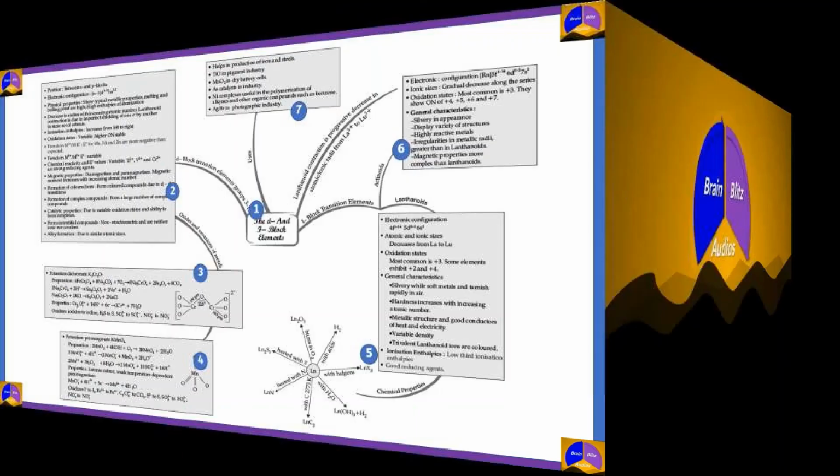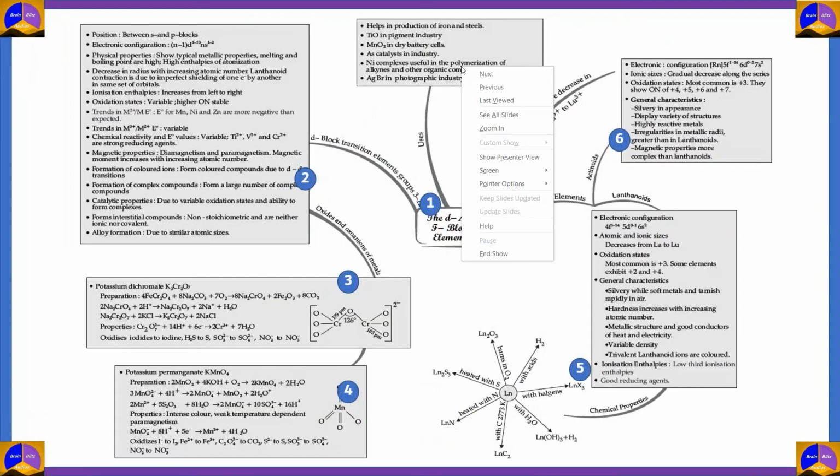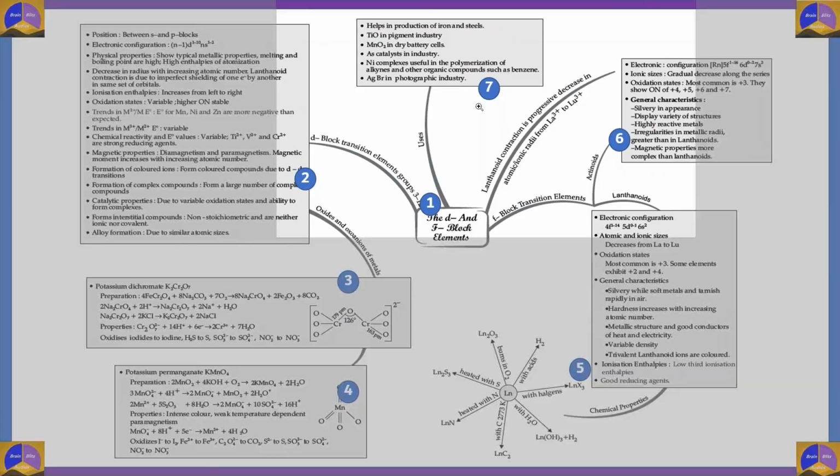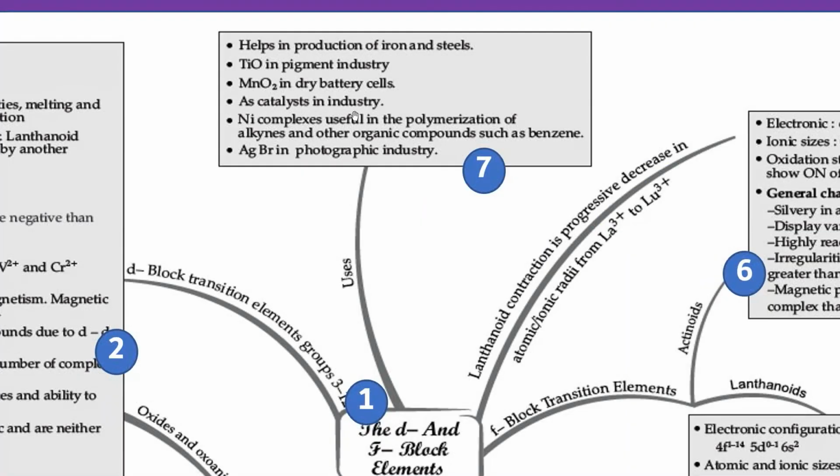So what are the uses that are present for the d and f block elements? Now, iron and steel are some of the most important. Iron and steel are important compounds in today's world in terms of industrialization. So production of iron and steel is an important process. And d and f block elements have a part in the production of iron and steel.